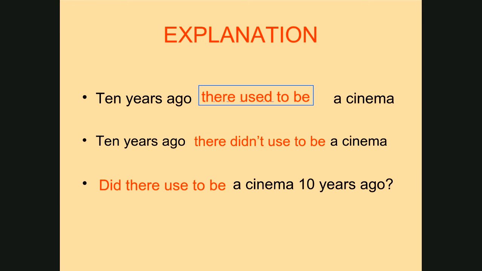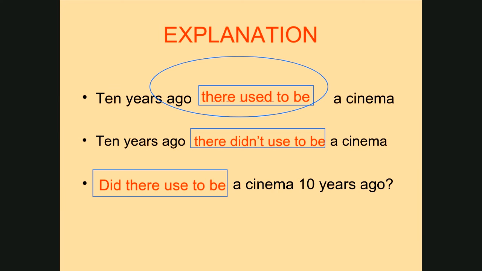There didn't used to be a cinema, or did there used to be a cinema? Notice over here that you are using there, you are using the expression used to be. Didn't because of the auxiliary, so you say didn't used to be. And the question, did there used to be? Infinitive too.